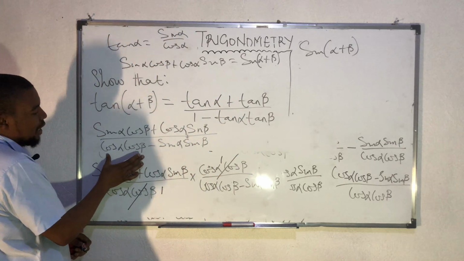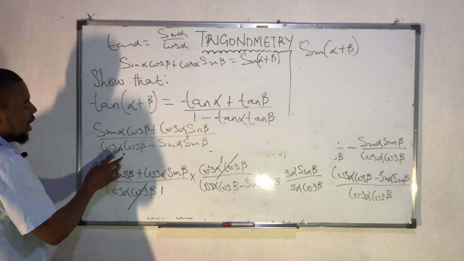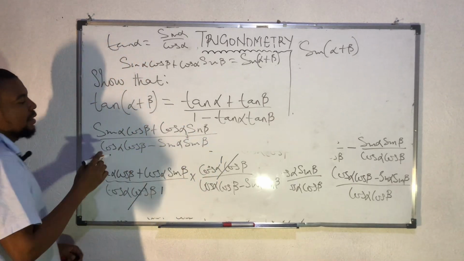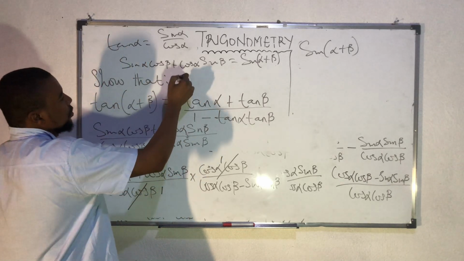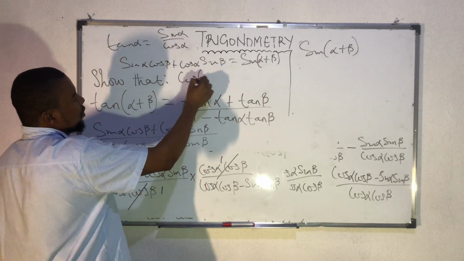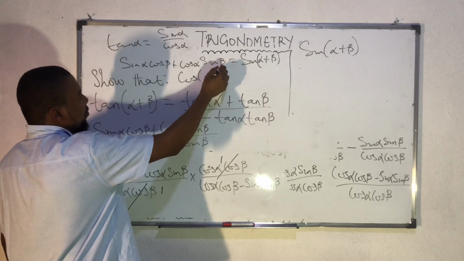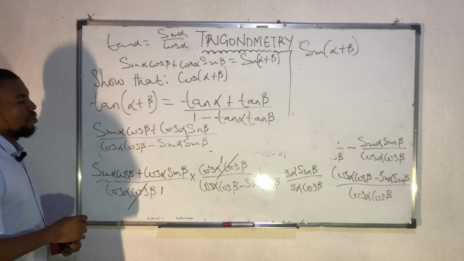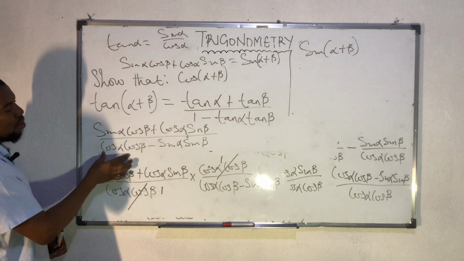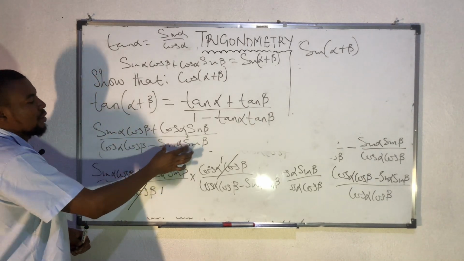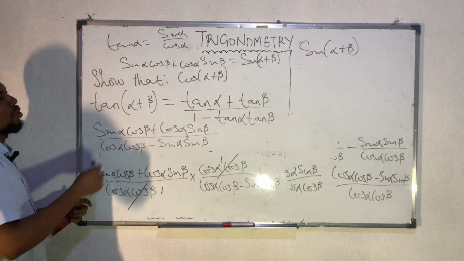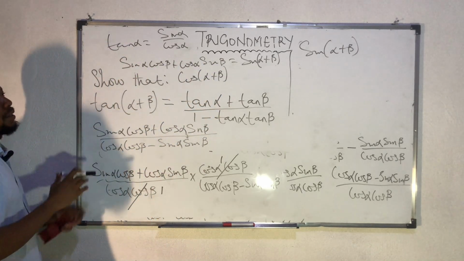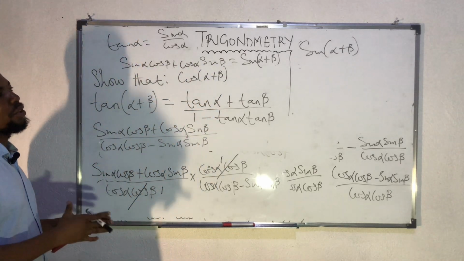And for the denominator here, if you have cos alpha cos beta minus sine alpha sine beta, this identity is equal to cos alpha plus beta. This is also a sum and difference identity which you should know. So this expression here, cos alpha cos beta minus sine alpha sine beta, is equal to cos alpha in bracket plus beta. It's a sum and difference identity which you should know.